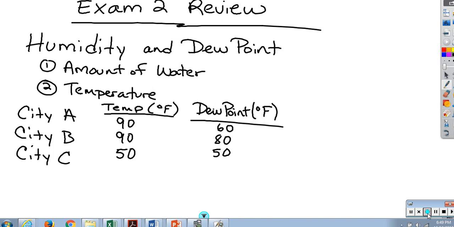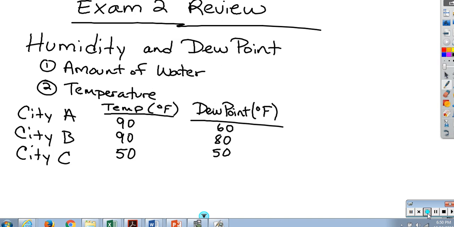Why is that? The closer that the two temperatures are to one another, the higher the humidity. So you might look at City C, where both the air temperature and the dew point are 50 degrees. What can be said about that is that it's 100% humidity there.